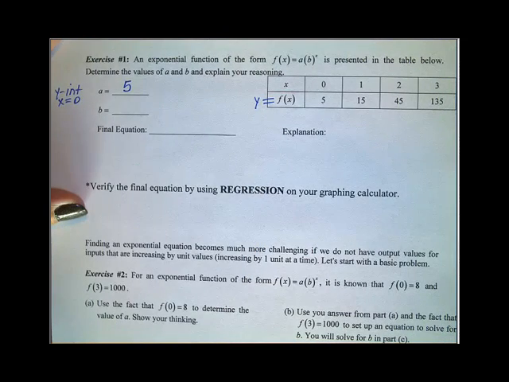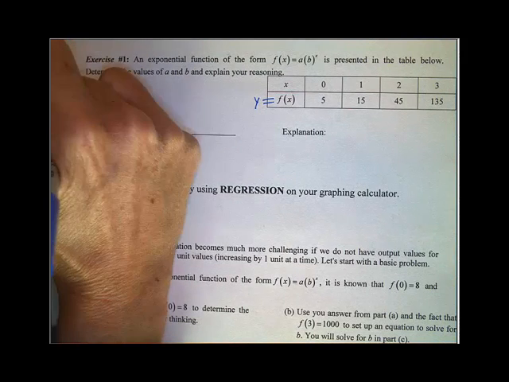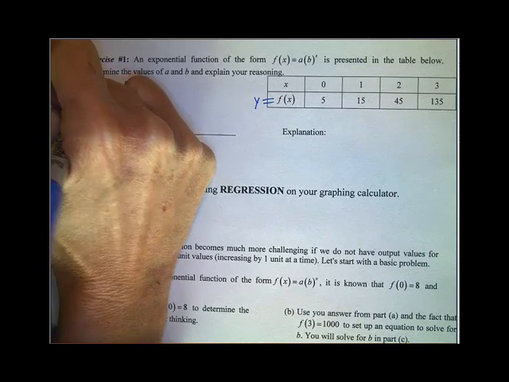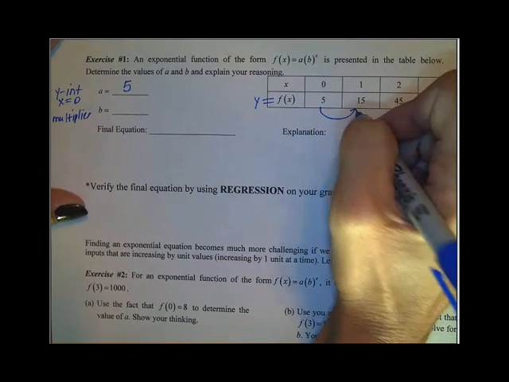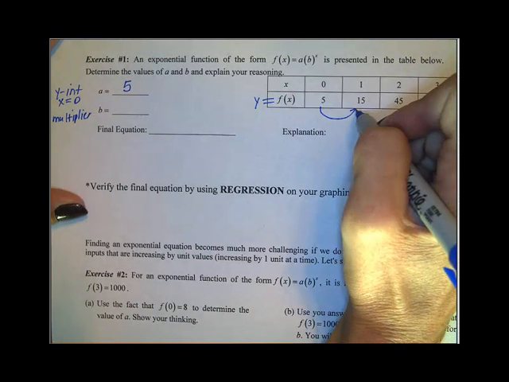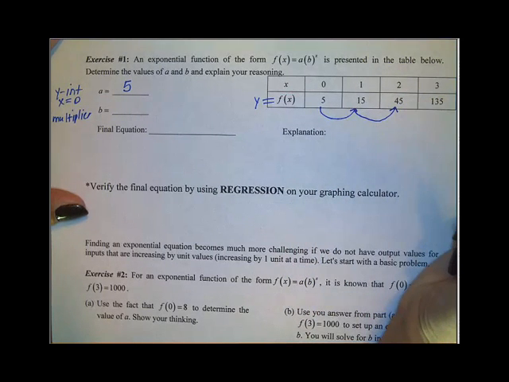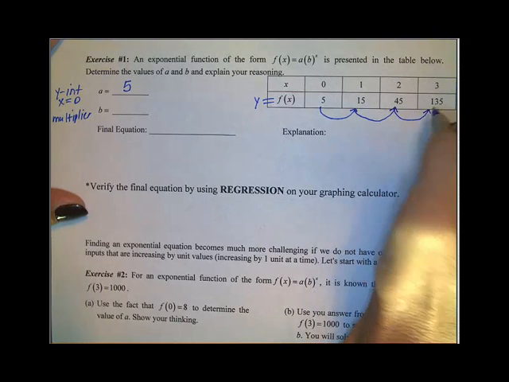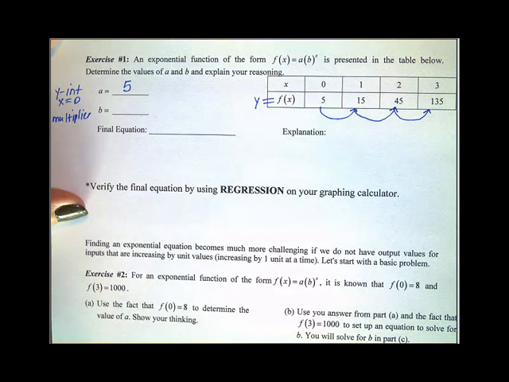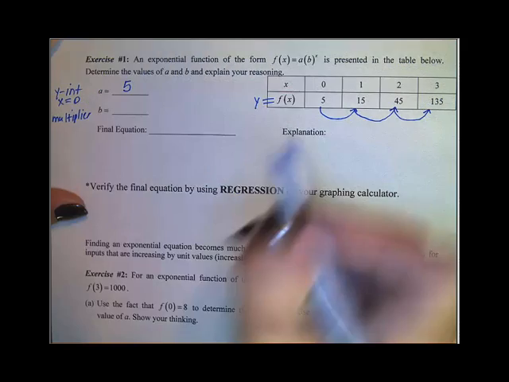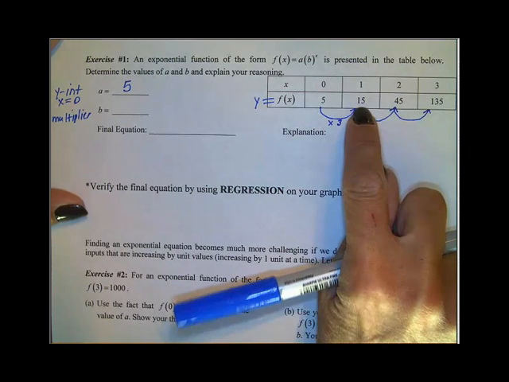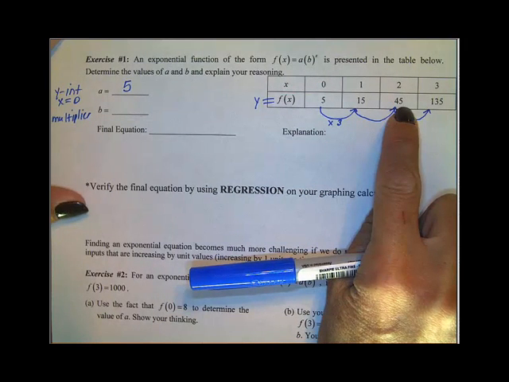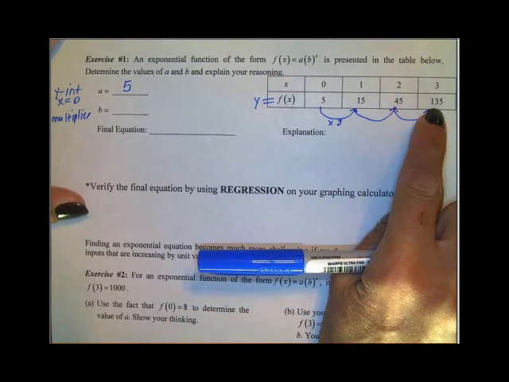Now our b value is what we multiply by, your multiplier. So if I look at 5 and I go to 15, what did I multiply by? If I go from 15 to 45, what did I multiply by? 45 to 135, what did I multiply by? So 5 to 15 is probably the easiest. You multiplied by 3. So in your calculator check, 15 times 3, does it give you 45? 45 times 3, does it give you 135?